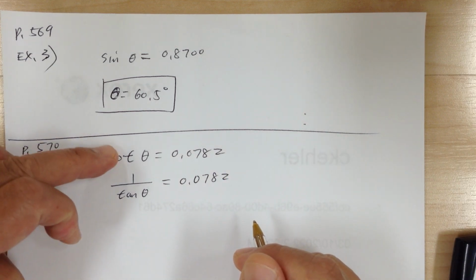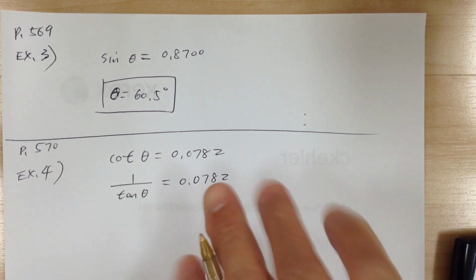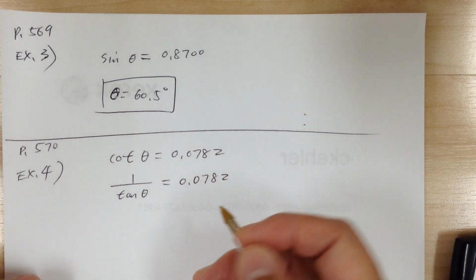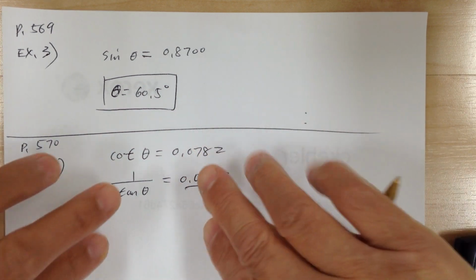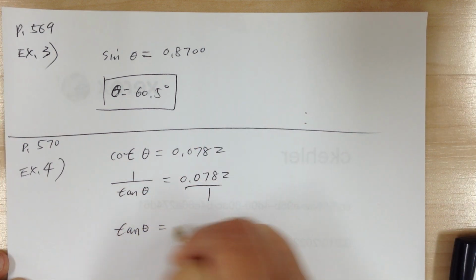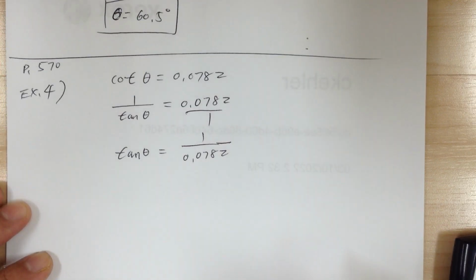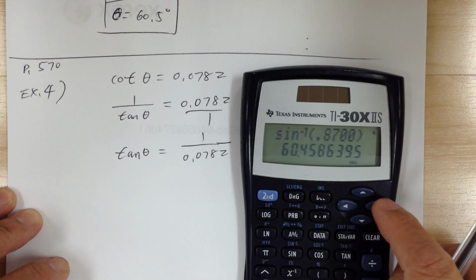So cotangent is 1 over tangent. Then just flip things upside down. This is over 1, right? So flip both sides upside down. So you got tangent theta equal to 1 over 0.0782.